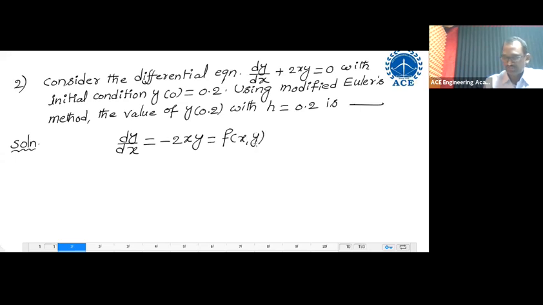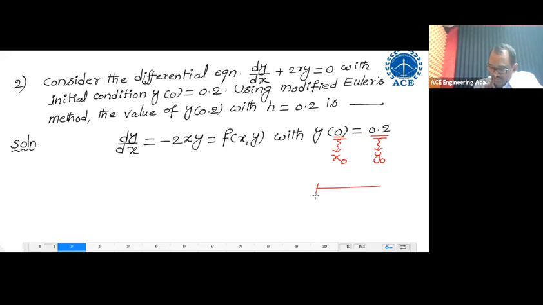Let it be f of xy. dy by dx is equal to f of xy with initial condition y of 0 is equal to 0.2. What is the initial condition? Y value at x naught is equal to y naught.